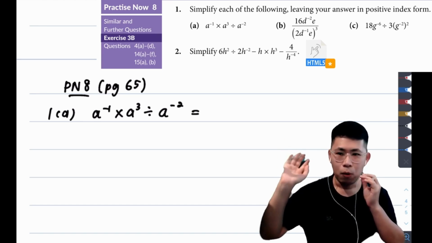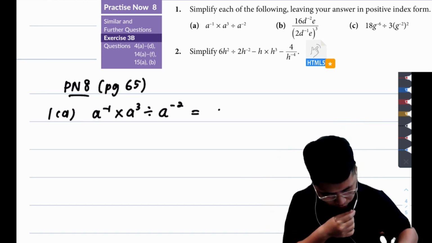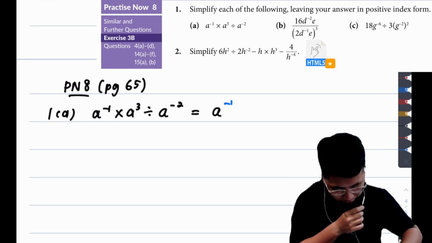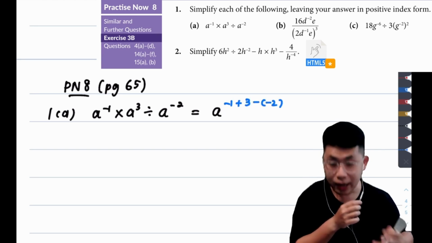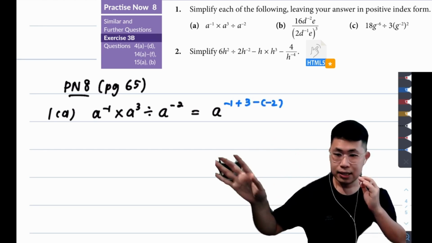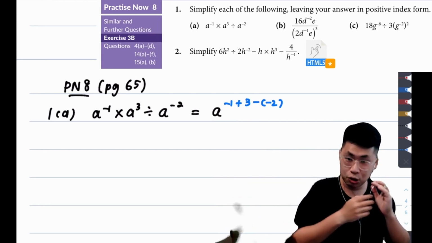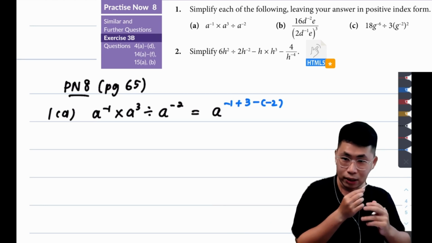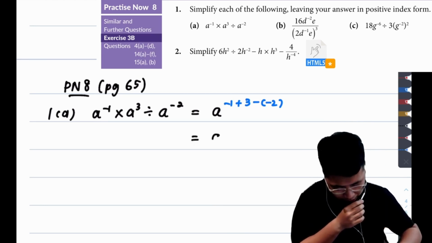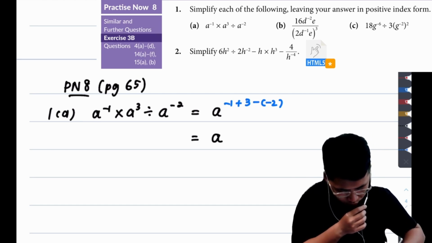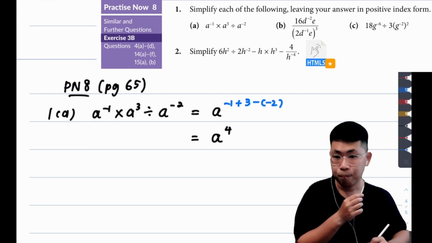All the bases are the same, so I'm just going to combine all my indices. We have negative 1, plus 3, minus negative 2. As you can see, times and divide will be plus and minus the index respectively, based on our laws 1 and 2. So over here we have a to the power of negative 1 plus 3 plus 2, so it will be a to the power of 4.